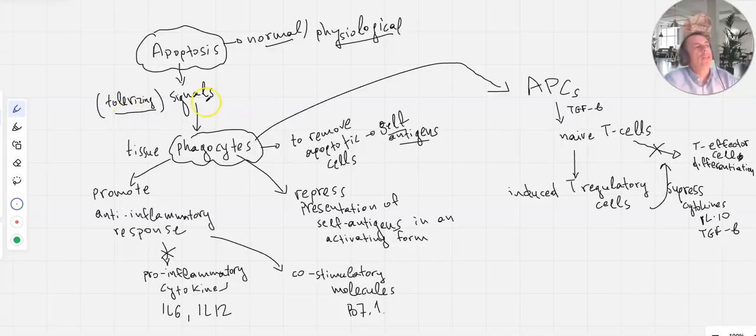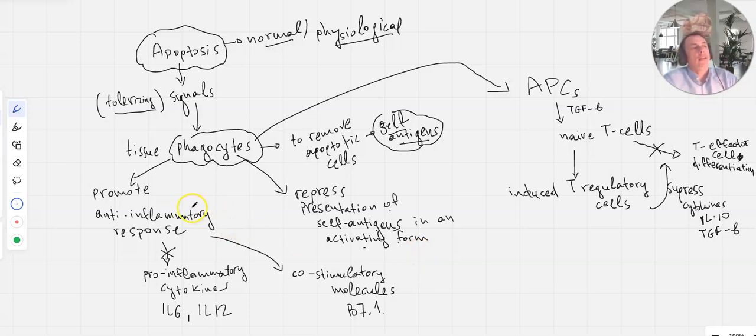Now, we call these signals from the apoptotic cells tolerizing because they make the phagocytes promote an anti-inflammatory response and also repress the presentation of the self-antigens released by the apoptotic cells in an activating form.